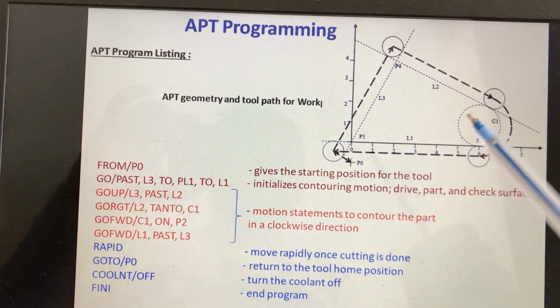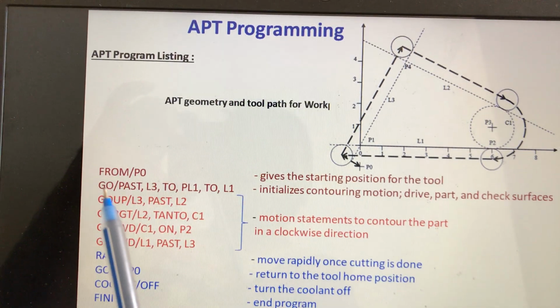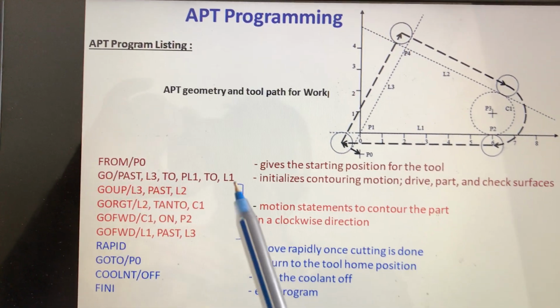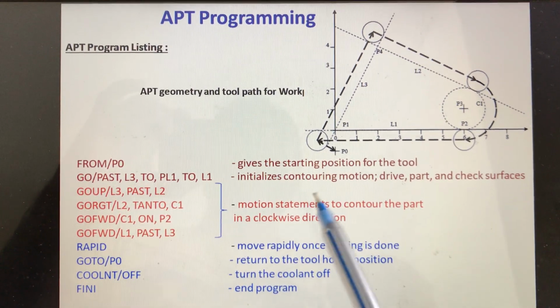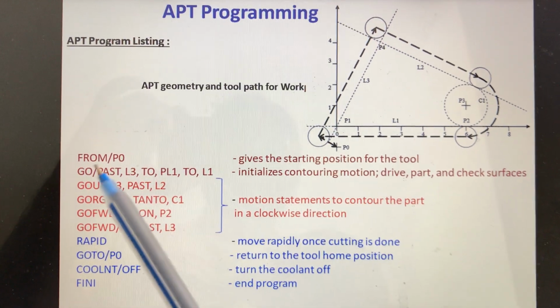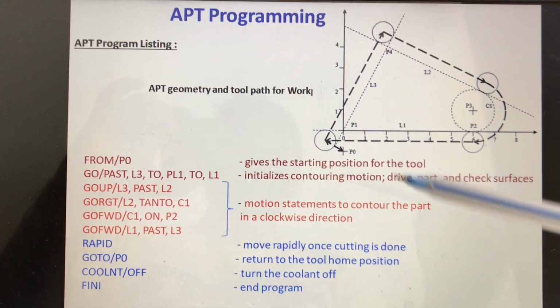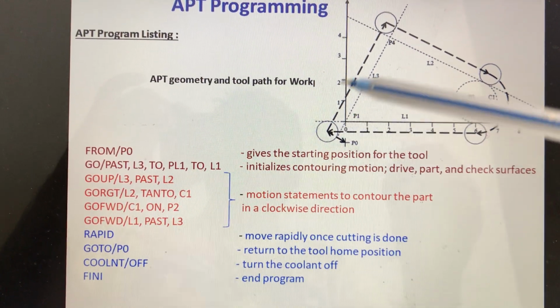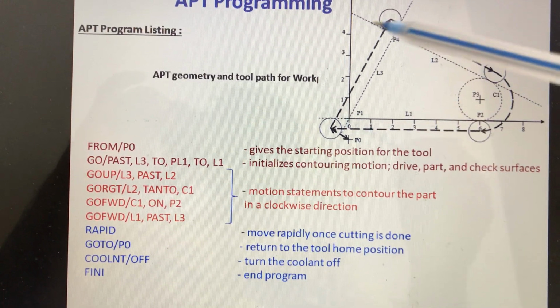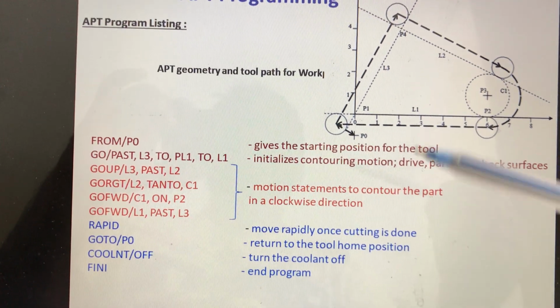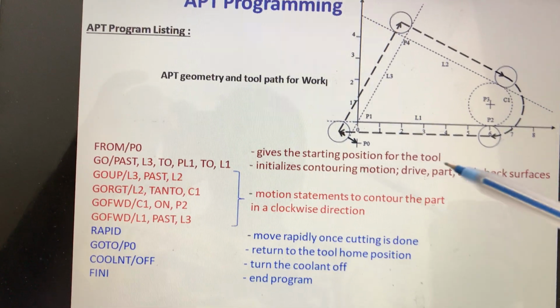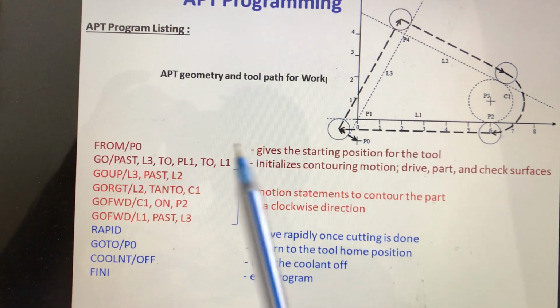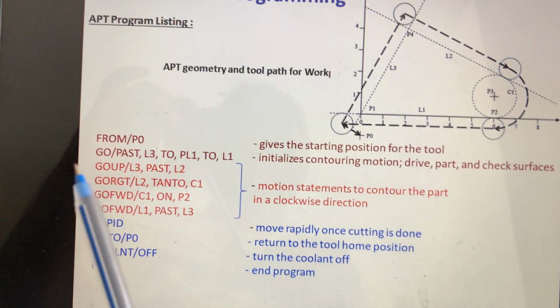That is the first instruction. Through this statement, we initialize contouring motion. We are telling the tool, be ready, you have to move in this path. Of course this path looks like a contour, a tool path. We are preparing the tool and initializing it using this statement.